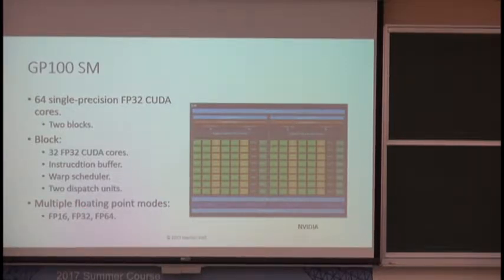So the floating point units can run in several levels of precision. There's single precision. There's double precision. Basically, it's going to run half as fast.